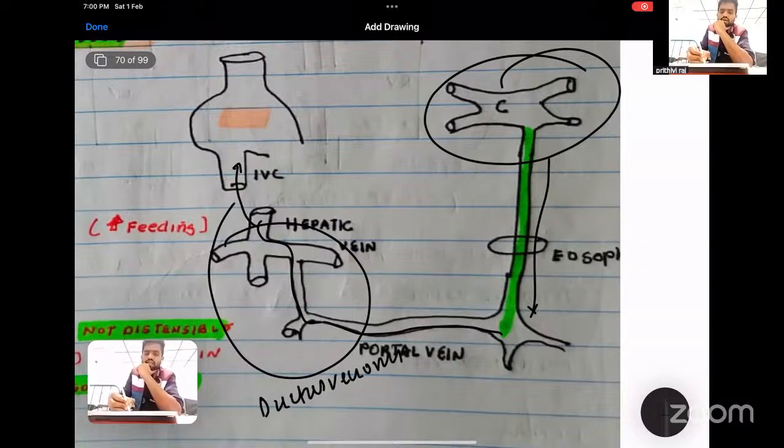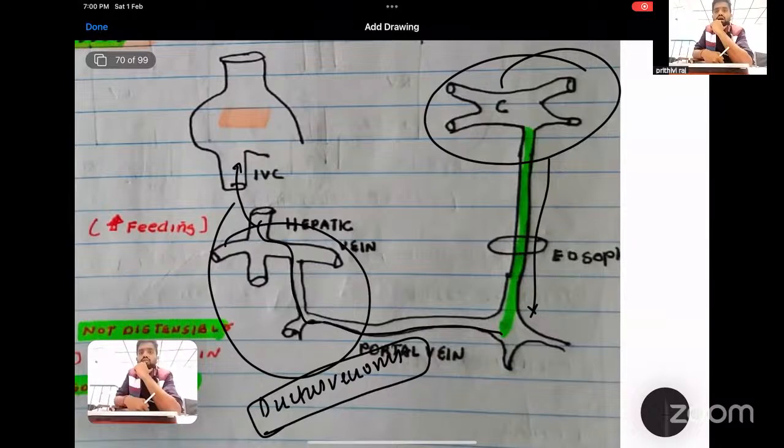In these cases, when you keep the ductus venosus open, more blood flow will happen to the heart, so that more blood flow will pass to the right atrium, and then a right atrium to left atrium shunt will happen. If this ductus venosus is not kept open, the blood flow to the right atrium will be minimized.